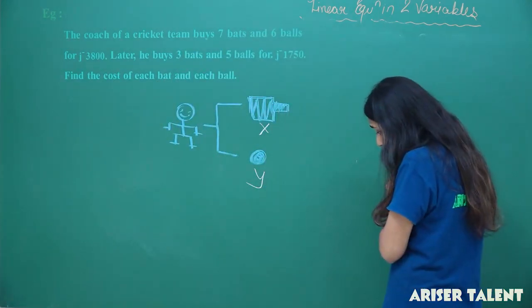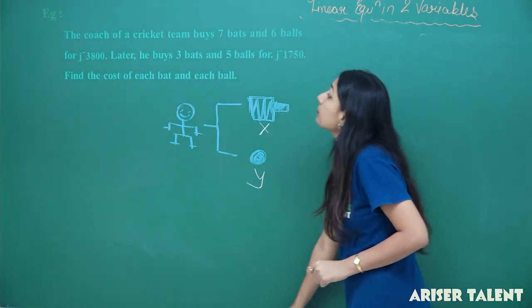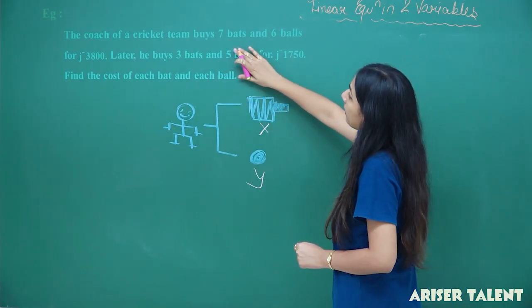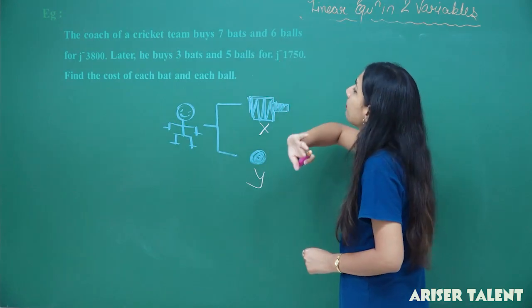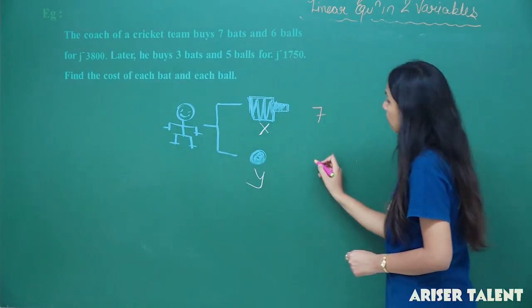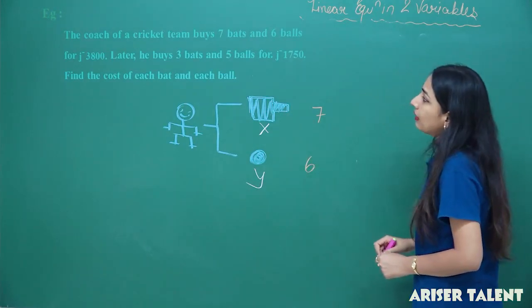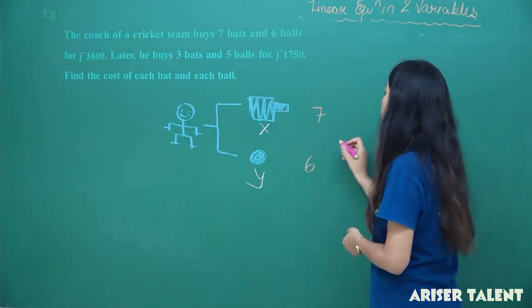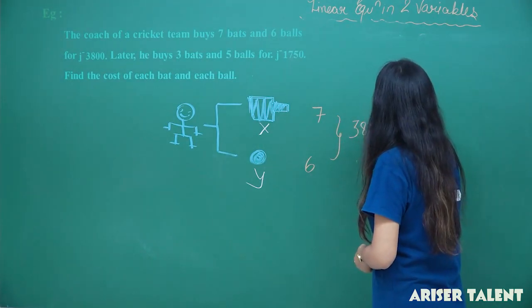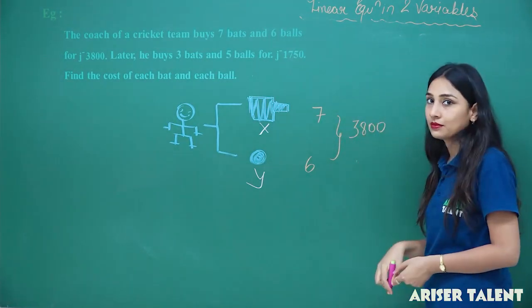Now student, what he did: X and Y. He has bought 7 bats and 6 balls, and the sum total was 3,800.